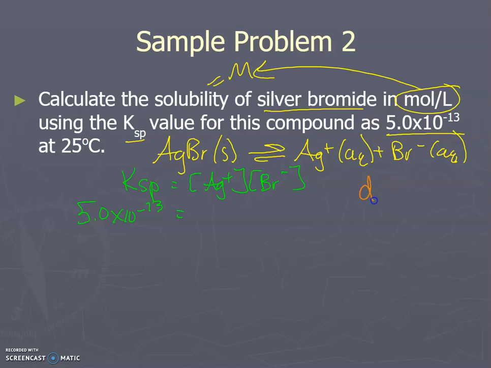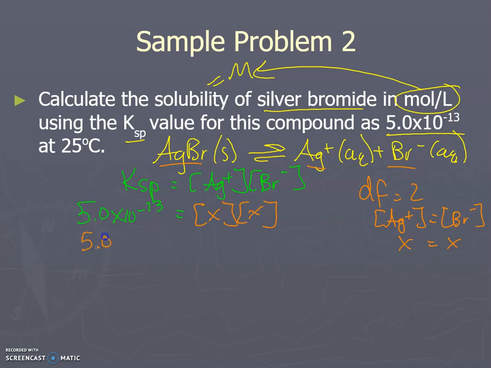So if my dissociation factor is 2, my concentration of Ag plus is going to be equal to the concentration of Br minus because they break up into 2 equal things. This one thing breaks up into 2 of those things. So if this is equal to X, so is this. So plug in X and plug in X.